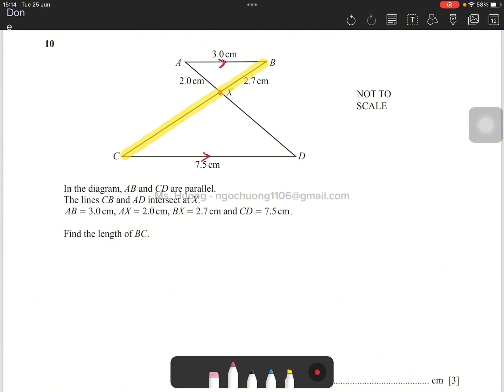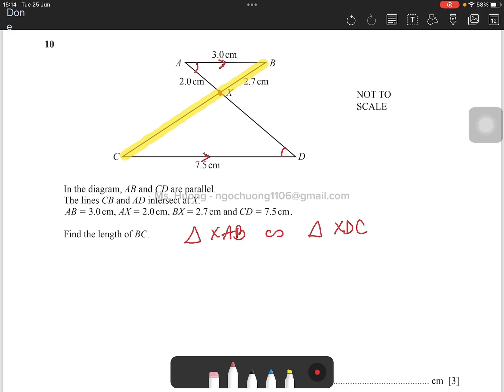First, you notice that if AB is parallel to CD and the lines AD and BC intersect at X, then the triangle XAB is similar to the triangle XDC because the angle A is equal to the angle D. They are alternate interior angles.